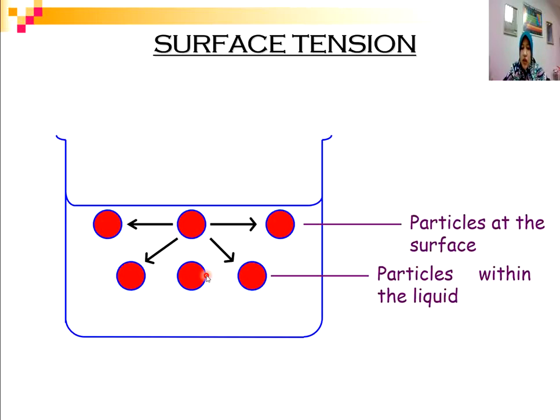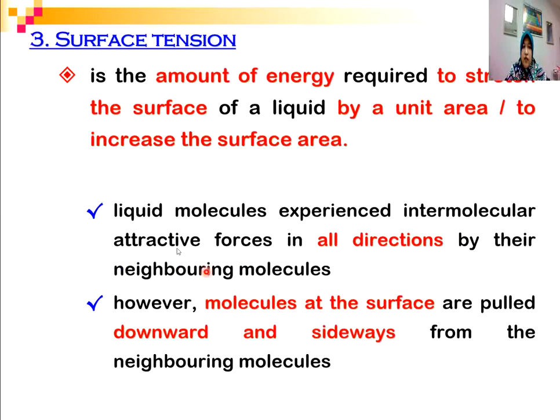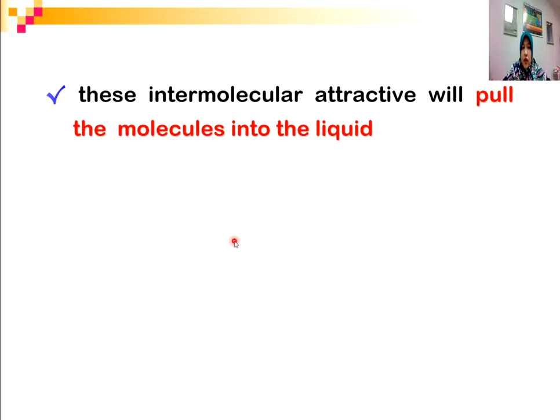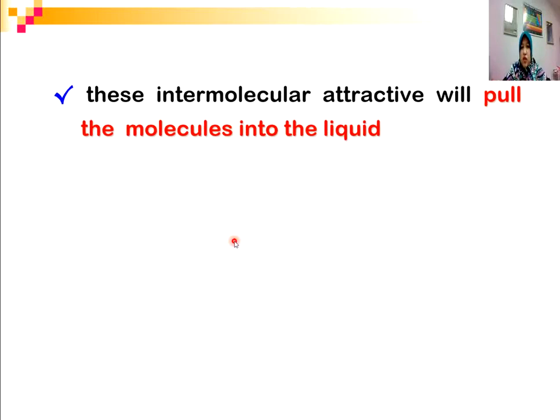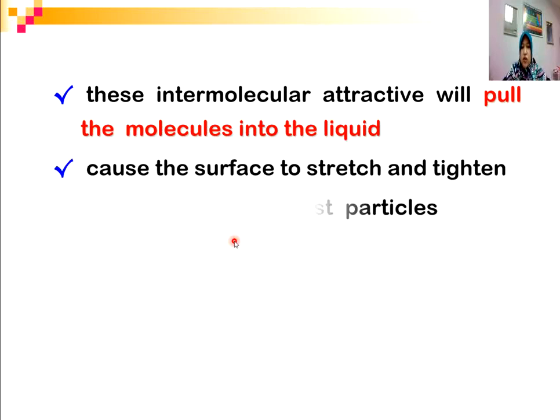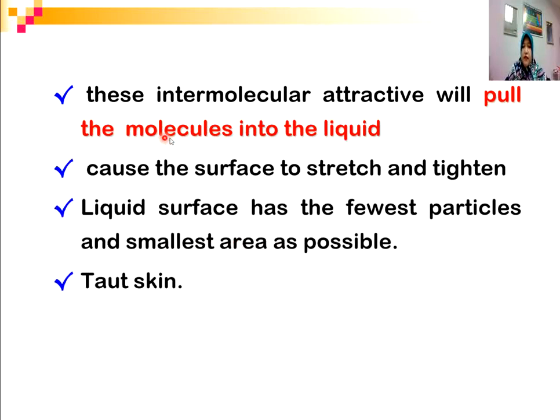That is why surface tension is defined as the energy required to increase the surface area. So how do we increase the surface area? By breaking the intermolecular forces. These intermolecular forces pull the molecules into the liquid and make the surface of the liquid stretched and tightened.